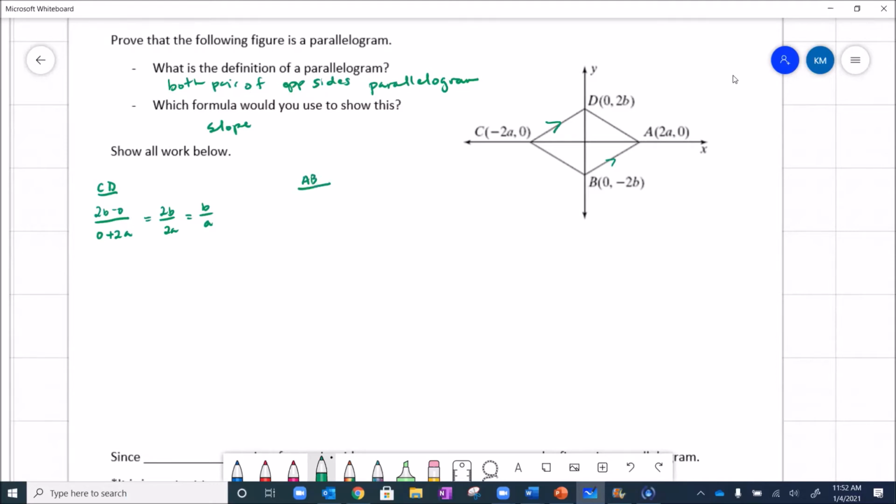For AB, y2, 0, minus negative 2b, so plus 2b, over 2a minus 0. So that's 2b over 2a, b over a. They both simplified to b over a. So since CD and AB have the same slope, they are parallel.